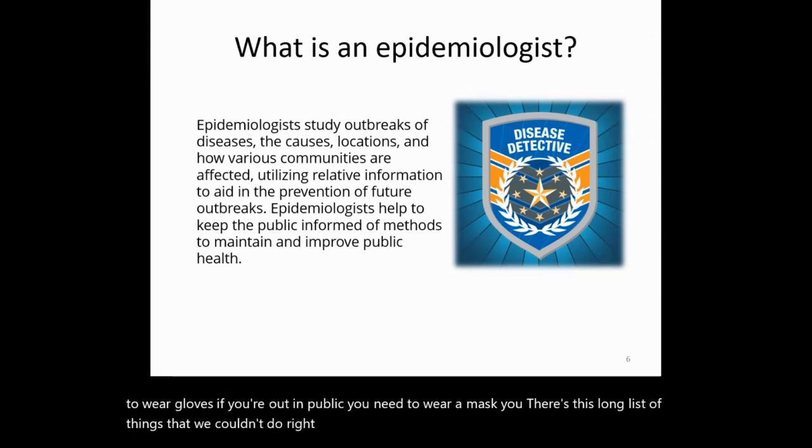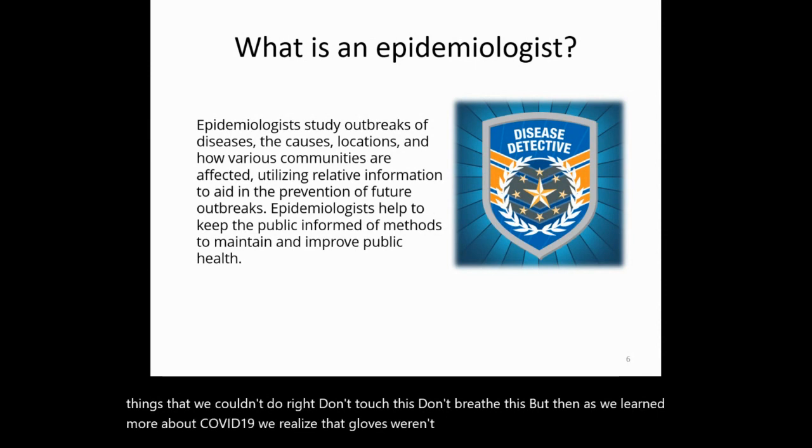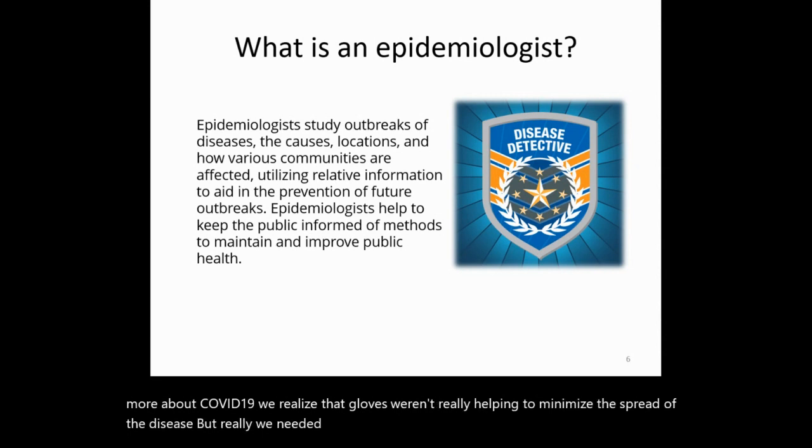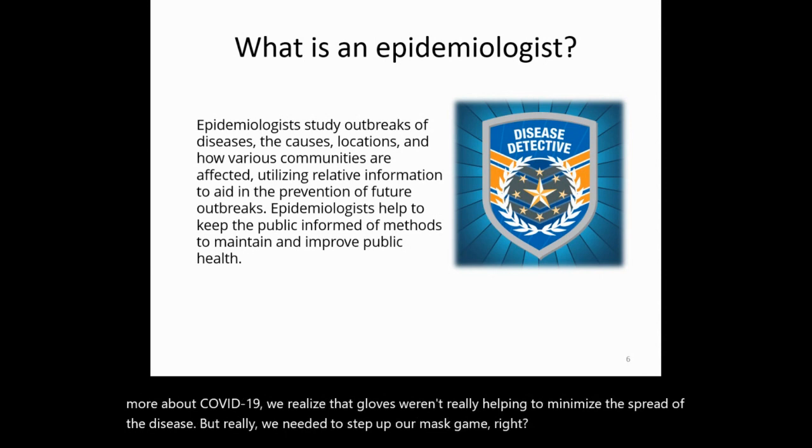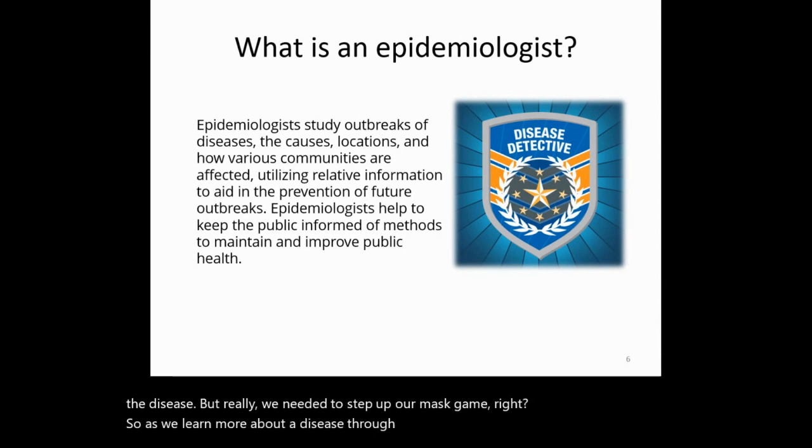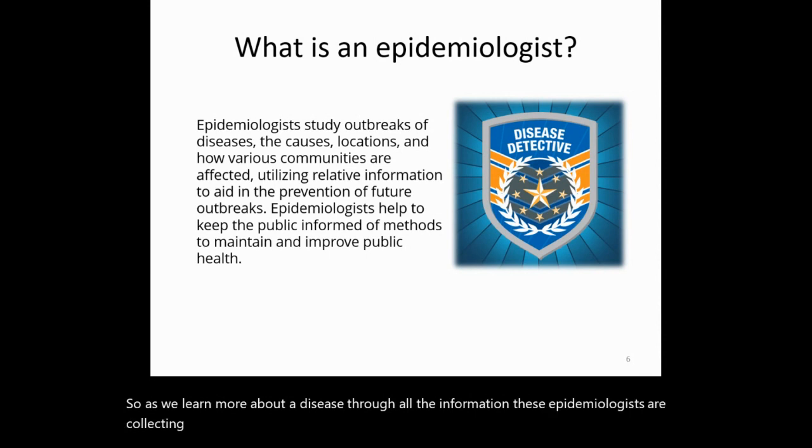Don't touch this, don't breathe this. But then as we learned more about COVID-19, we realized that gloves weren't really helping to minimize the spread of the disease, but really we needed to step up our mask game, right? So as we learn more about a disease through all the information these epidemiologists are collecting, then we might need to change some of our tactics to be more effective at preventative measures.